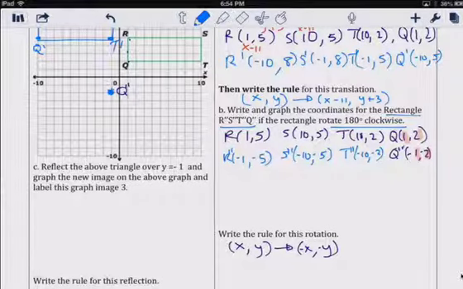So let's do T is -10, -2. And -10, -5 right there. It's T double prime, S double prime, and R double prime.